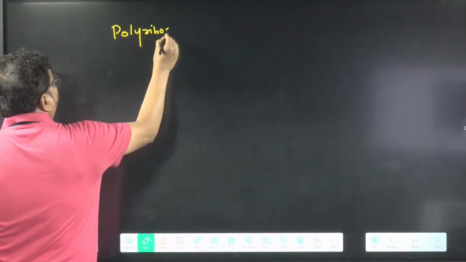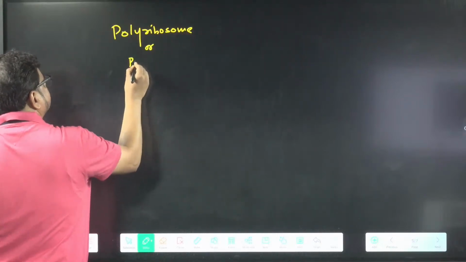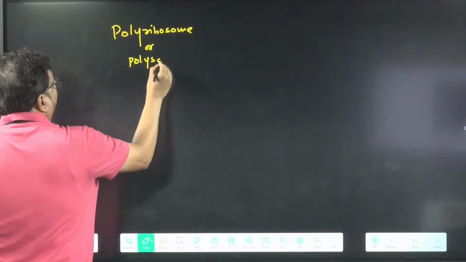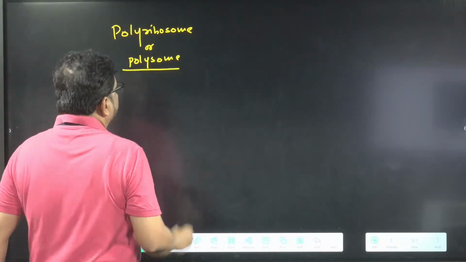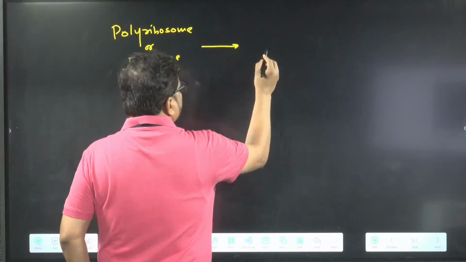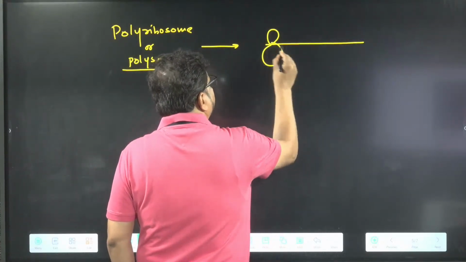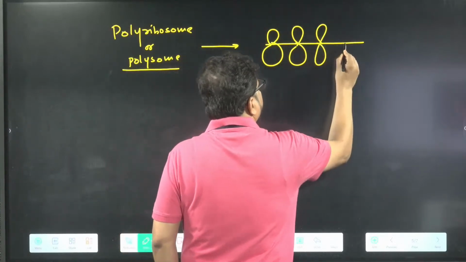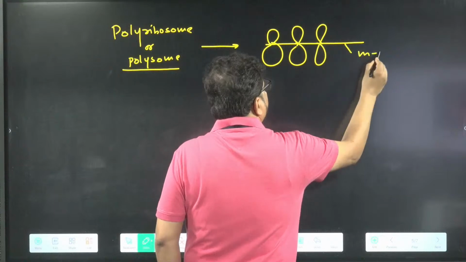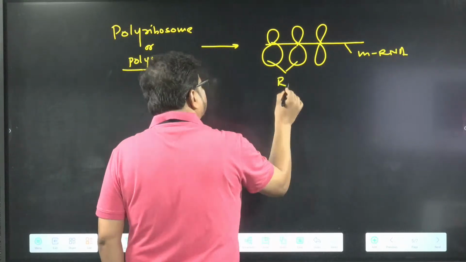So after plasmid, we are going to talk about polyribosome, or it is called polysome. Understanding the idea? Now, what is this polyribosome? One mRNA and many ribosomes associated with it. So how many mRNA? mRNA is there, and these structures are what basically? Ribosome.